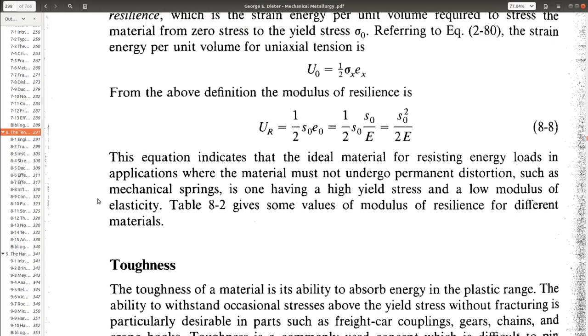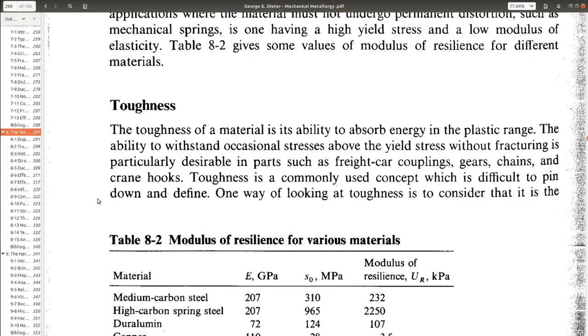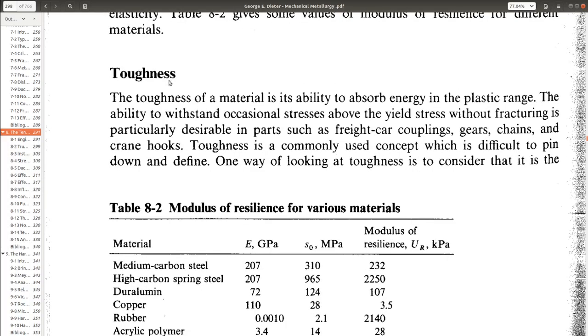And then another term which we measure is toughness. The toughness is the energy which is required to break the material, to fracture the material.